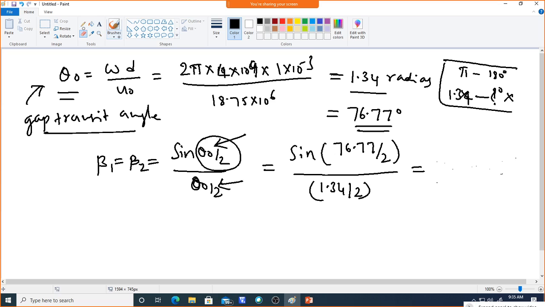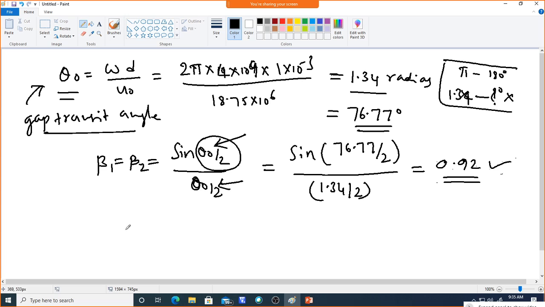So that is fine. So this is the beam coupling coefficient. Because we have converted radians into degrees, you can put the calculator in degree mode and calculate. So this will be 0.92.